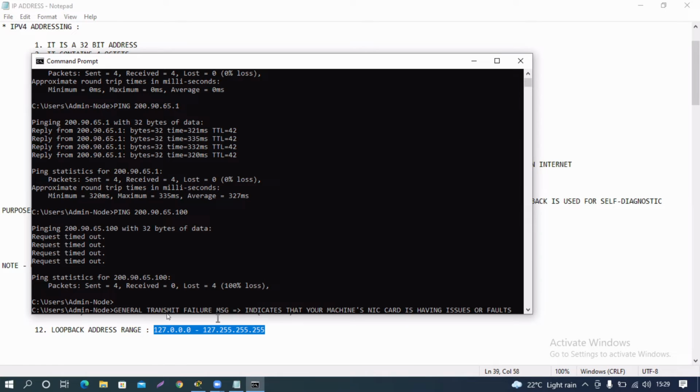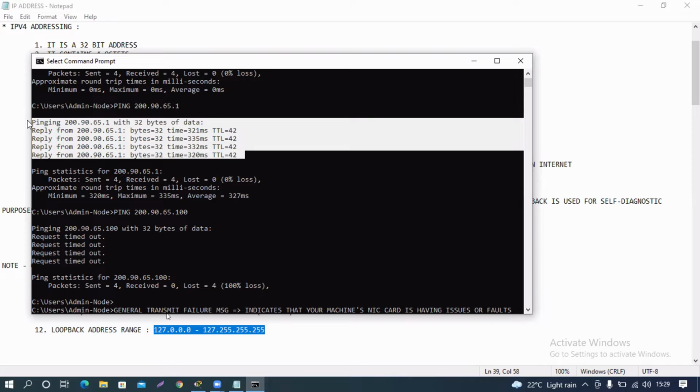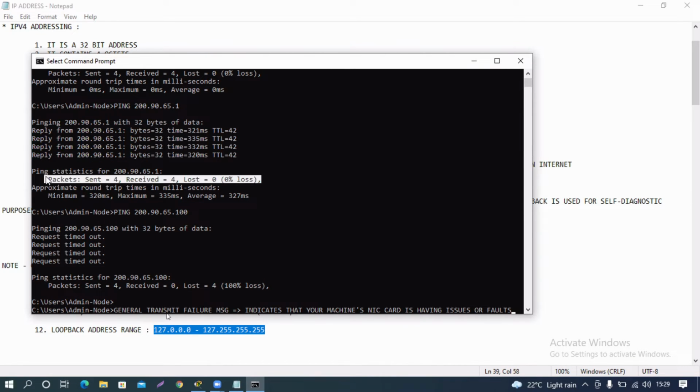But always when you see this type of reply, you understand that your communication is perfectly all right. Means your machine can send and receive information without any problems. Okay, you can type any address from the 127 address range.